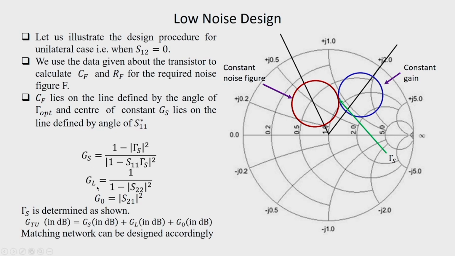GL we can find out to be 1 by 1 minus mod of S22 square, because S12 is 0, and G naught is given by mod of S21 square, and we can calculate GTU in dB as sum of Gs, GL and G naught in dB.